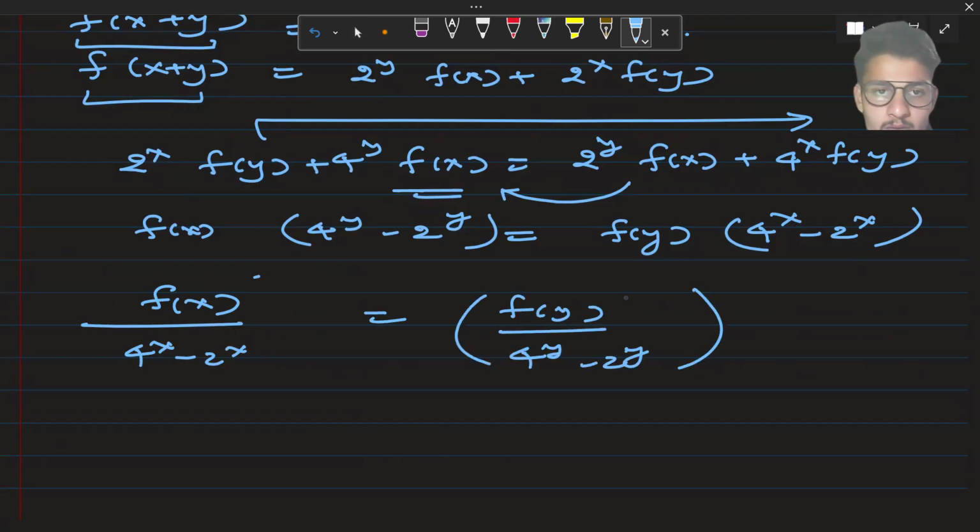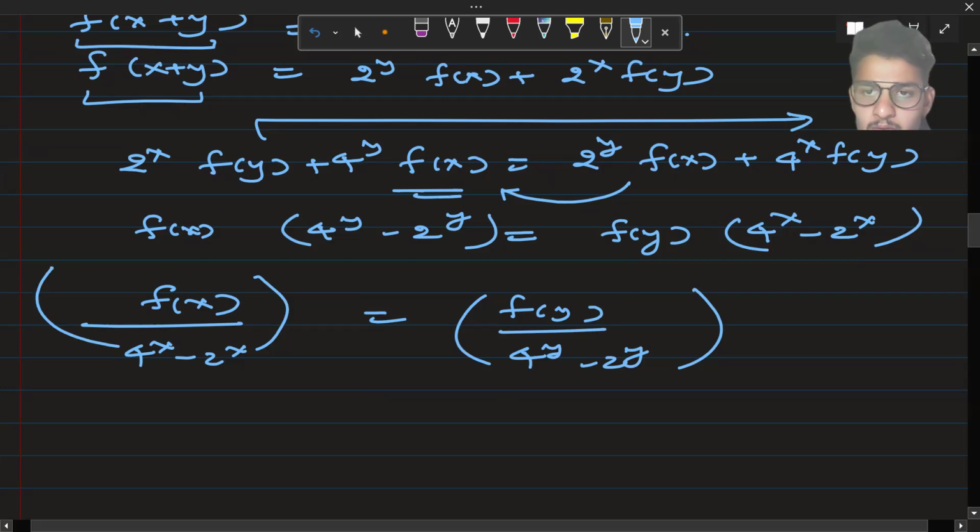These both are equal, and this should be equal to some k value for certain x and y.